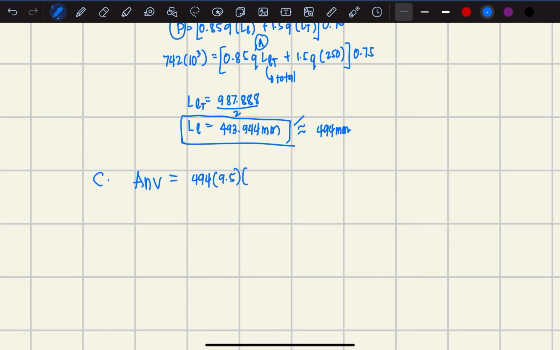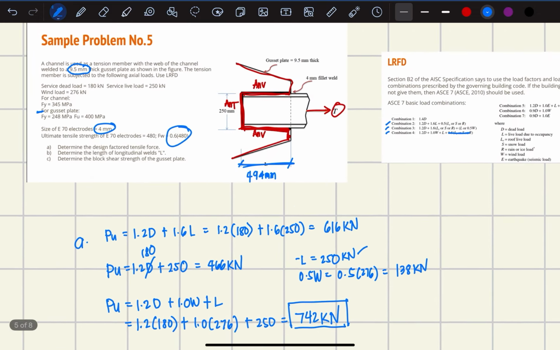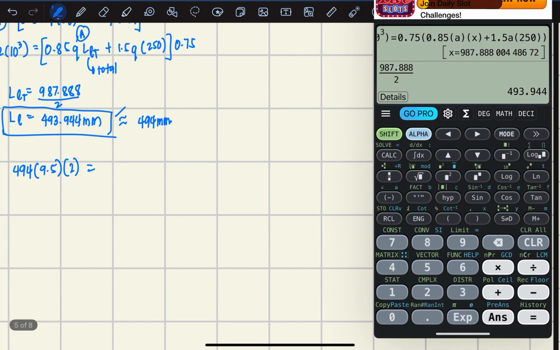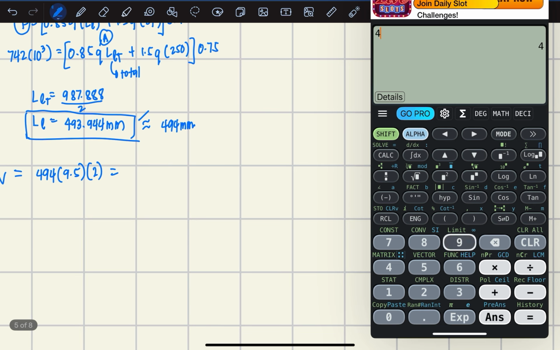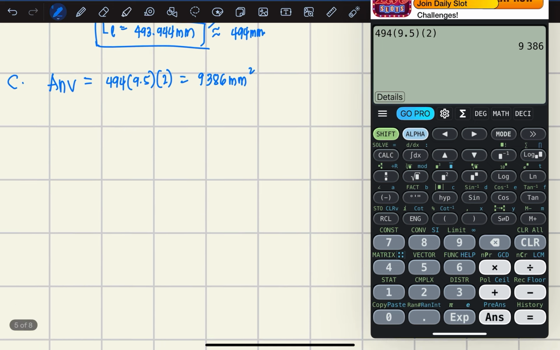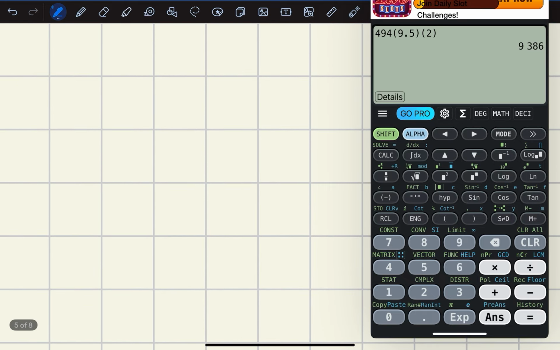So the net area in shear is 494 times 9.5 times 2, because there are two: one, two. Computing this, it becomes 9,386 mm squared.